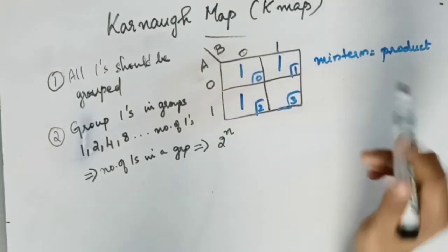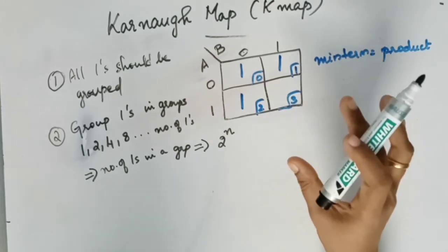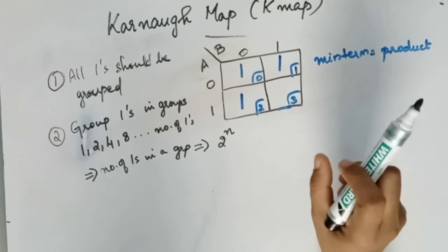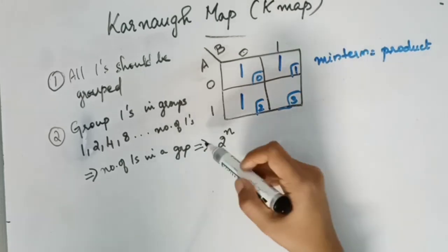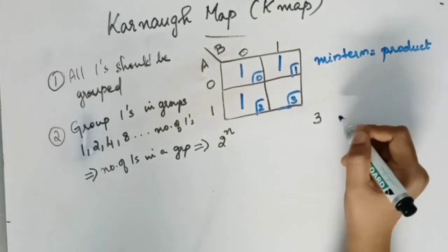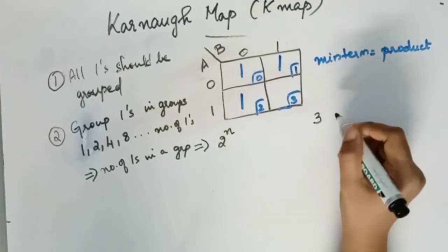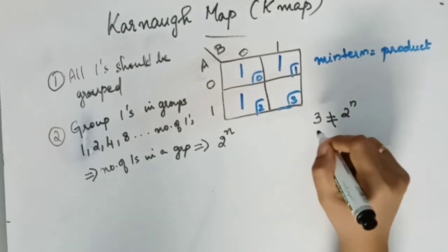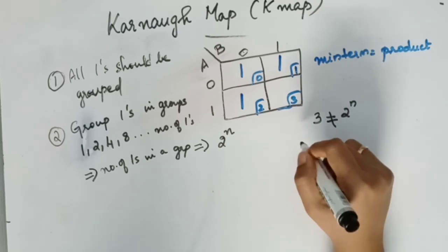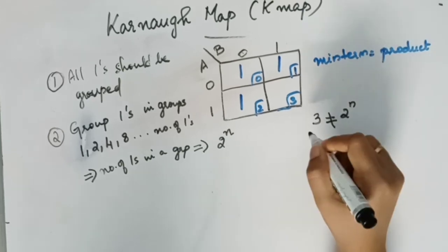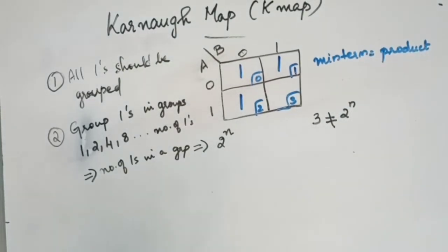So if you are trying to group the ones, just see whether the number of ones inside the group can be represented as 2 raised to n. That is, can you group 3 ones in a group? No. Why? Because 3 cannot be represented as 2 raised to n. 4 you can, 2 you can, 3 you can't, 6 you can't, 8 you can, 7 you can't, likewise. Okay, so that is another one.